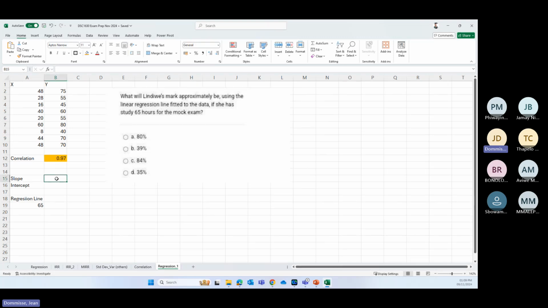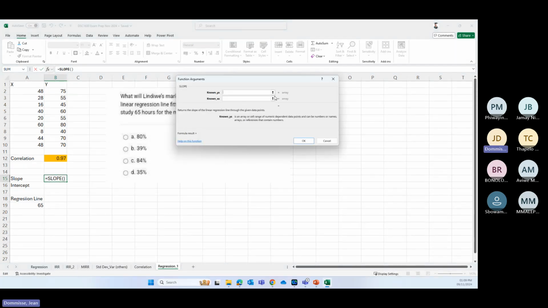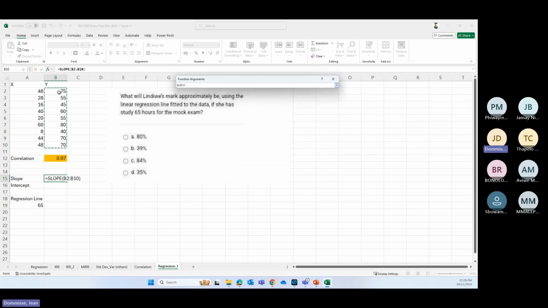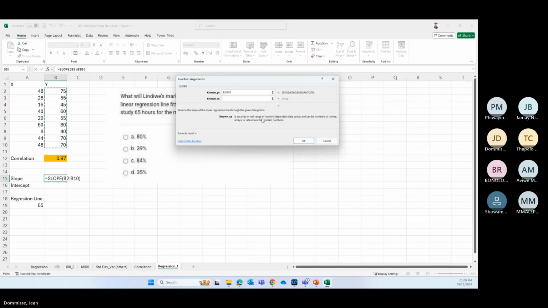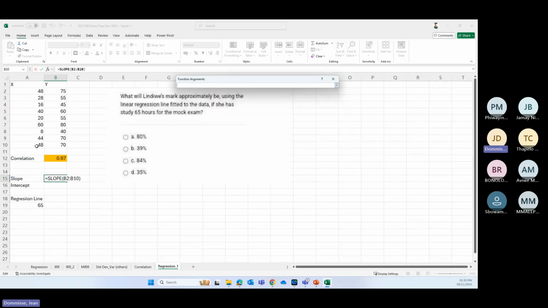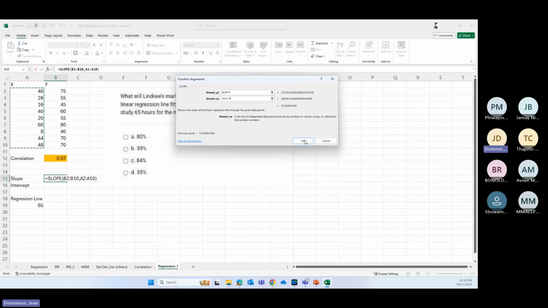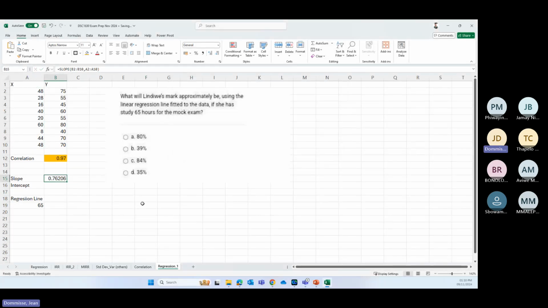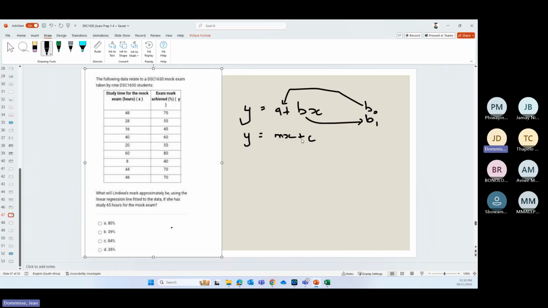I'm going to keep it there, but we want to work out the slope. And now, very important, Excel wants the Y's first. The reason why, and I will show you now, is that we are so used to writing points with the X first, then the Y. But the reason why they do the Y first in Excel is that's how we write the formula.